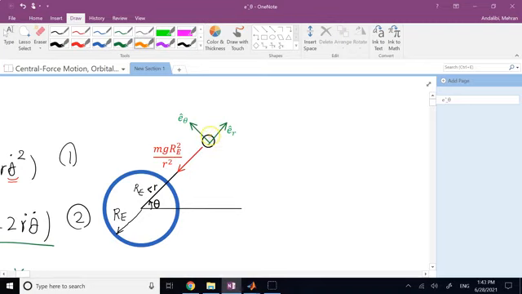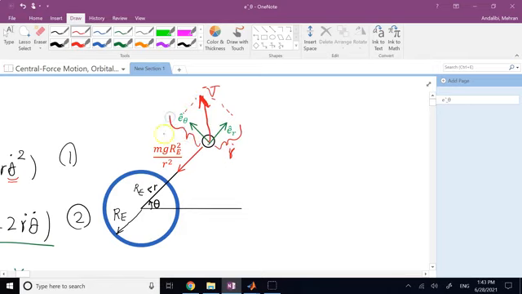So this object has two components. This is the overall velocity of the satellite, and it has two components. This component, as I said, is r dot, and this component here is going to be r theta dot.